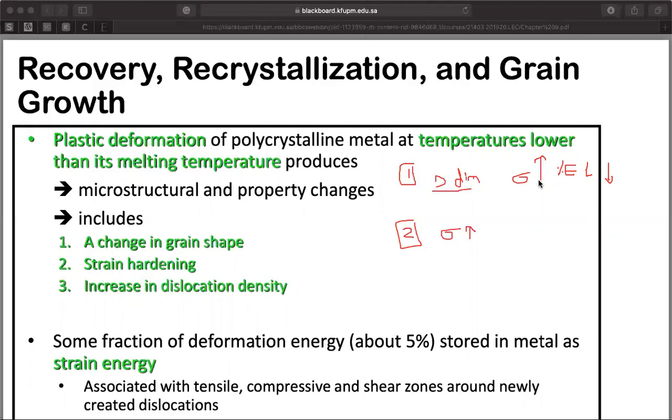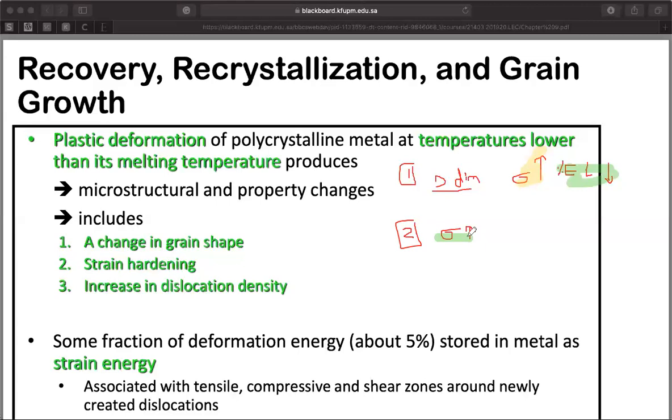So this will increase, and this will decrease, right? Also, imagine in the second case, you want to increase the strength of the material. You found that this material is not strong enough, and then you look at different mechanisms, and you learn that if you plastically deform the material, you do cold working, then you can increase the strength of the material. Okay.